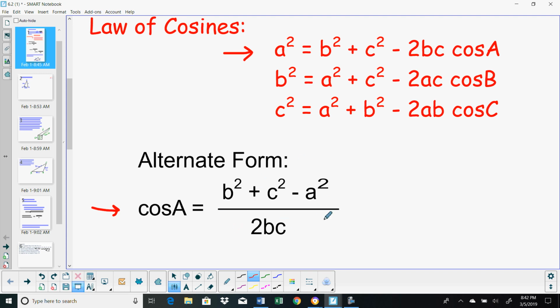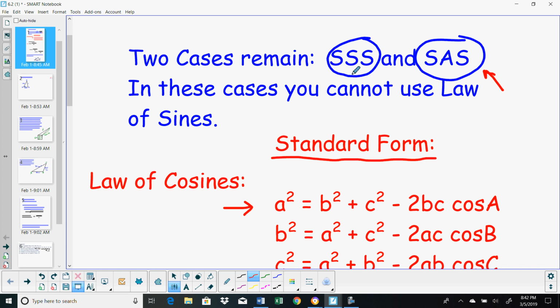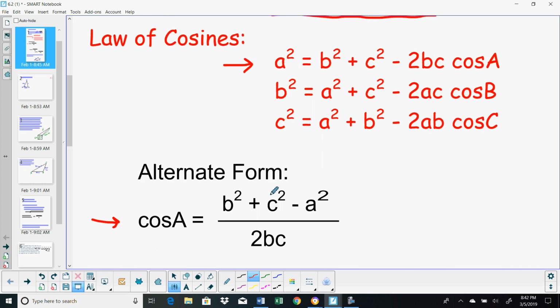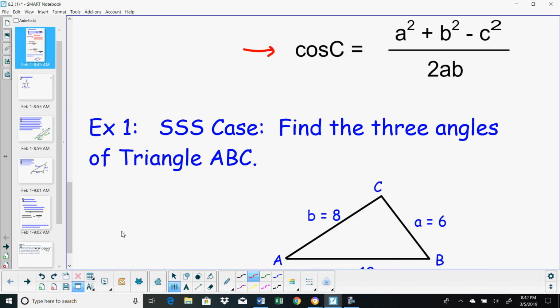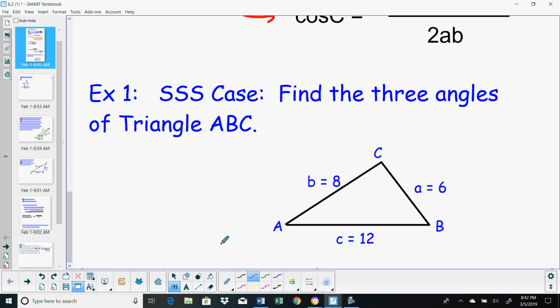This is a nice handy form for the SSS case, because you could just plug in side b, side c, and side a, put all this in, and end up with cosine of angle A. Then I can just do inverse cosine to get the measure of the angle. Of course, we could use these same formulas to find cosine of B or cosine of C, and so on.